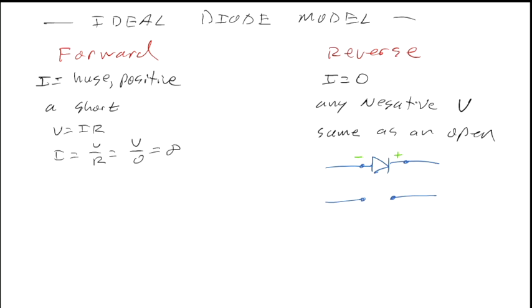That's all we've got to do. And if we have a diode which is forward biased, that means we have a positive voltage on the anode compared to the cathode.